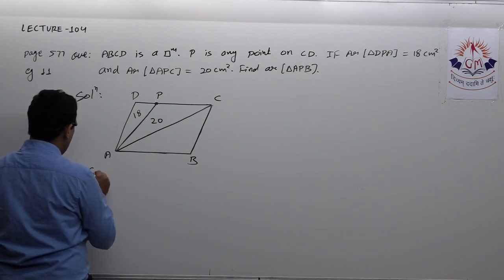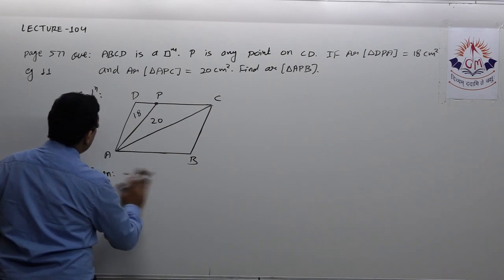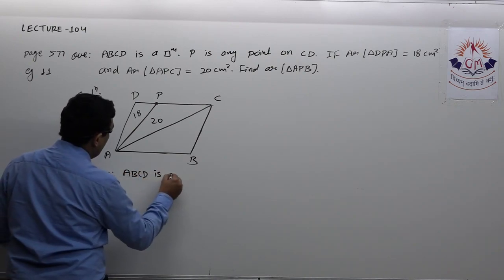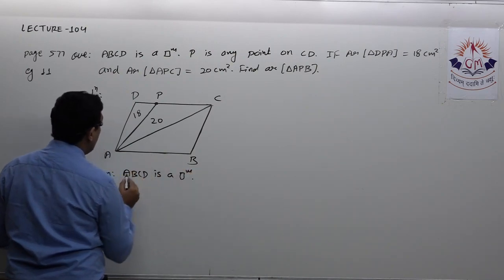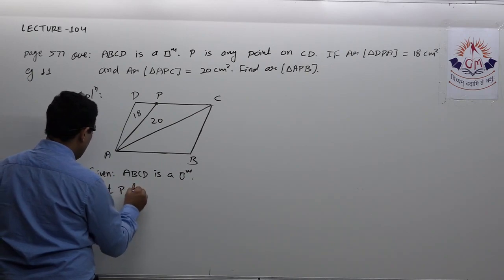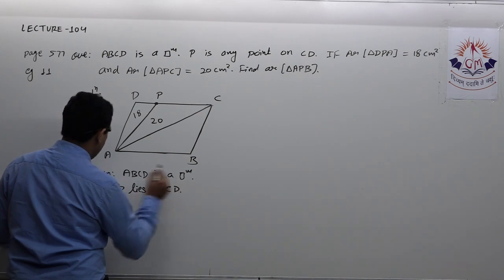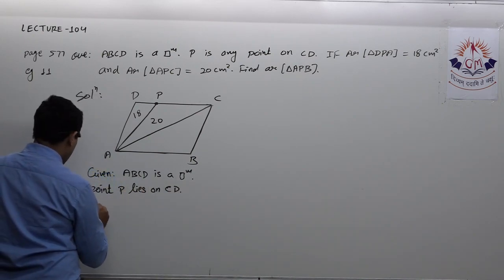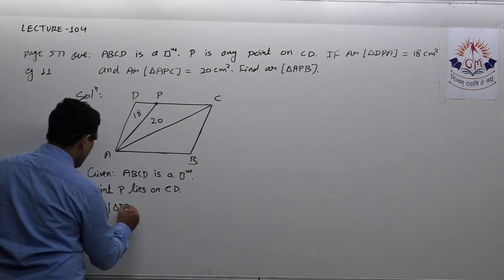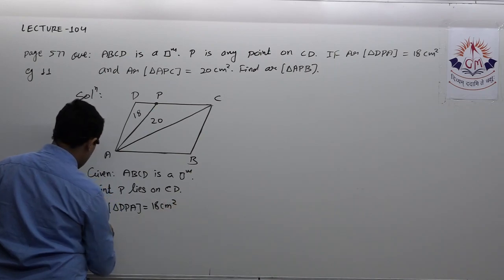So here I can say, first of all, we have given ABCD is a parallelogram. Point P lies on CD. Further, it is given area triangle DPA is equal to 18 centimeter square.